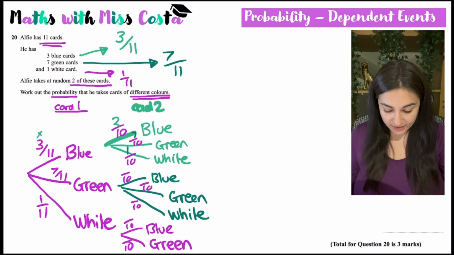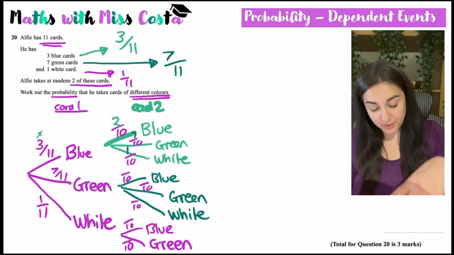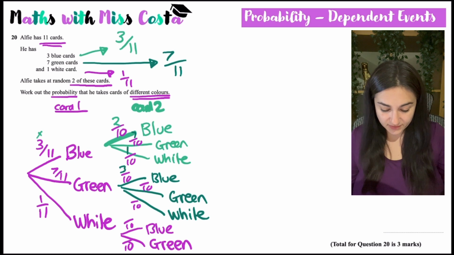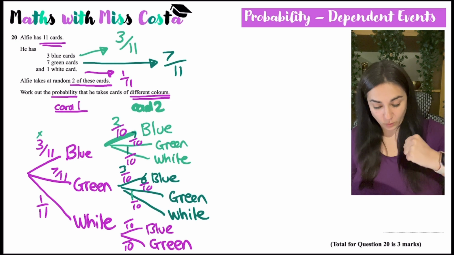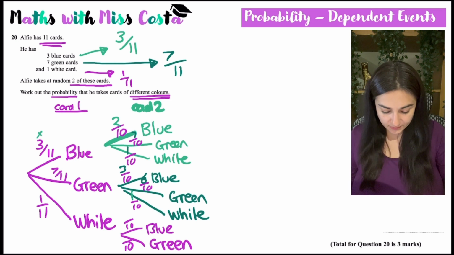If you'd taken a green card, the probability of then choosing a blue card would be 3 over 10 because you haven't touched the blue cards. The probability of getting a green card would be 6 over 10 because you've already used one of the green cards, and for white it would be 1 over 10 because it hasn't changed. Similarly, if your first card was white, then the blue card would be a probability of 3 over 10 and green would be 7 over 10.